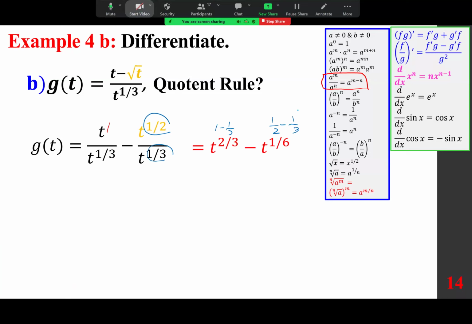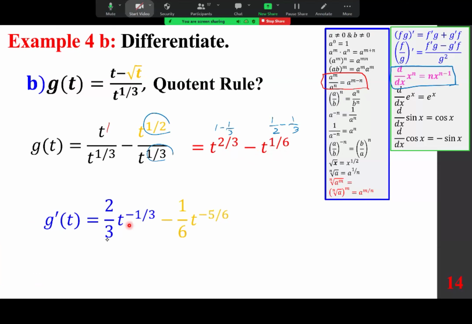And therefore, we can use the power rule. So this is 2/3 t to the power of 2/3 minus 1, which makes it negative 1/3, minus 1/6 t to the power of 1/6 minus 1, which makes it minus 5/6.